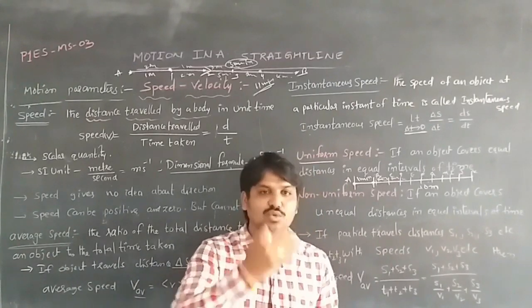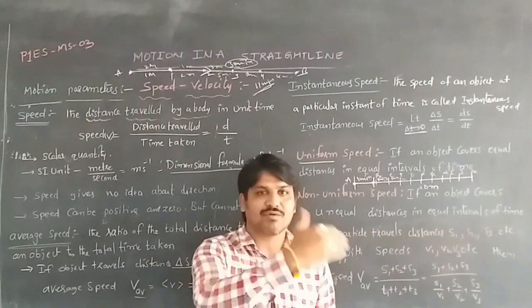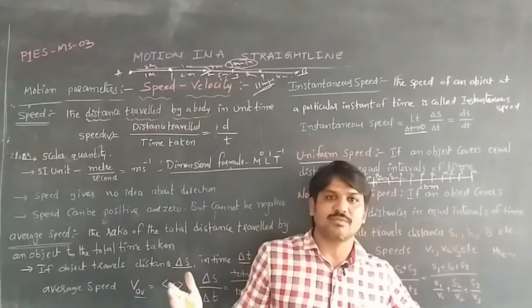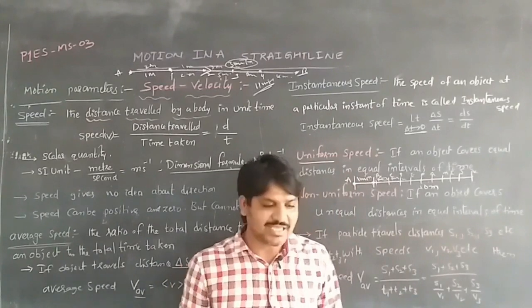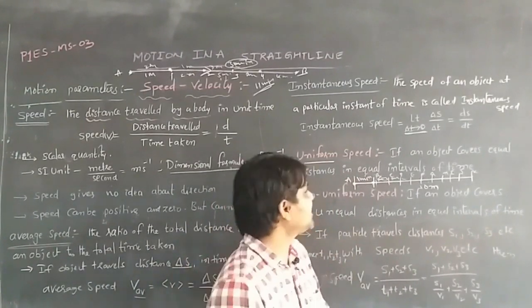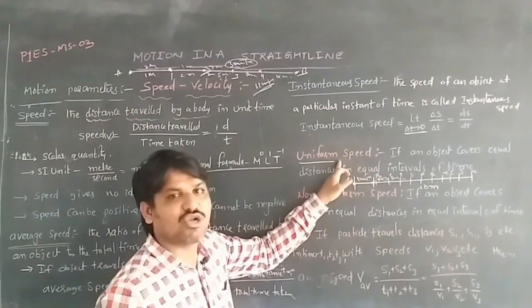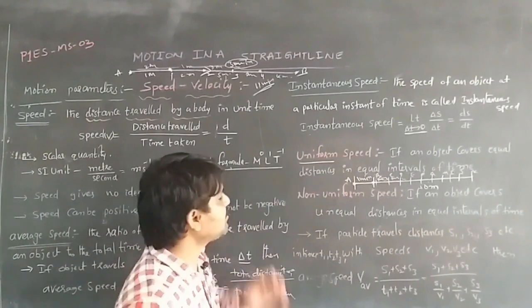That is equal distances of 10 kilometers each and equal time of 1 hour each. The total time taken to travel 30 kilometers is 3 hours. Equal distances traveled in equal intervals of time is uniform speed.